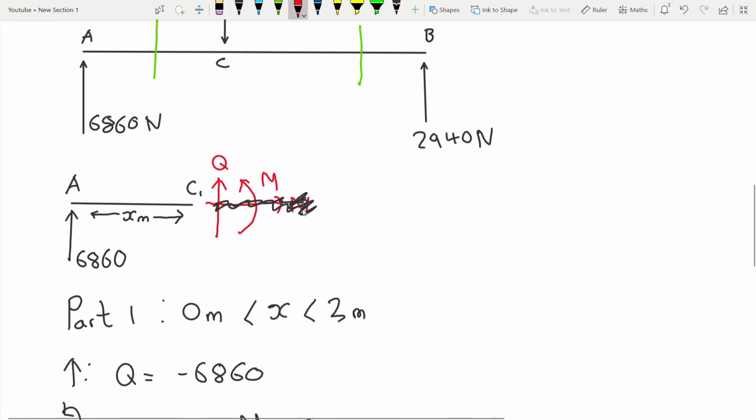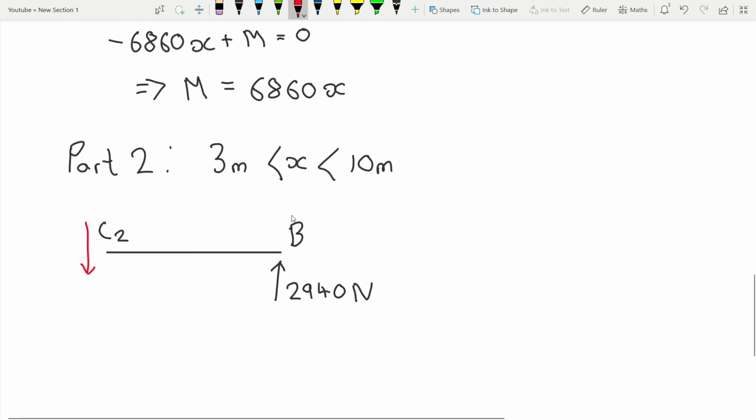Again, we're just going to ignore our normal force because we've got none in the horizontal direction, and our moment is going to act the opposite way.